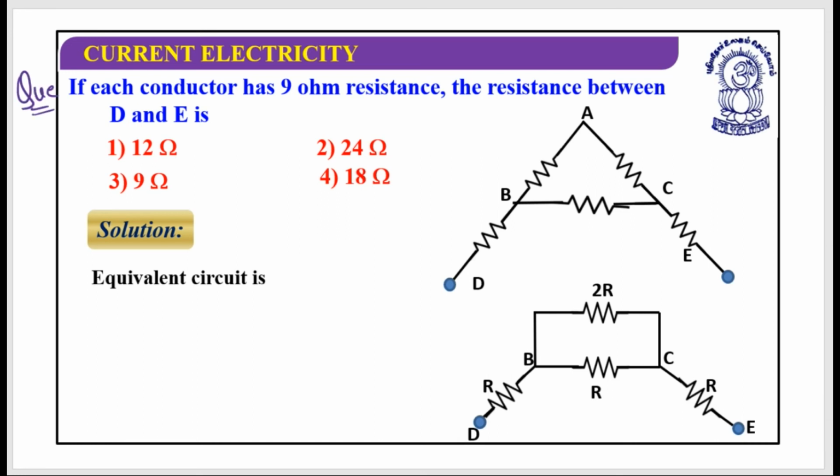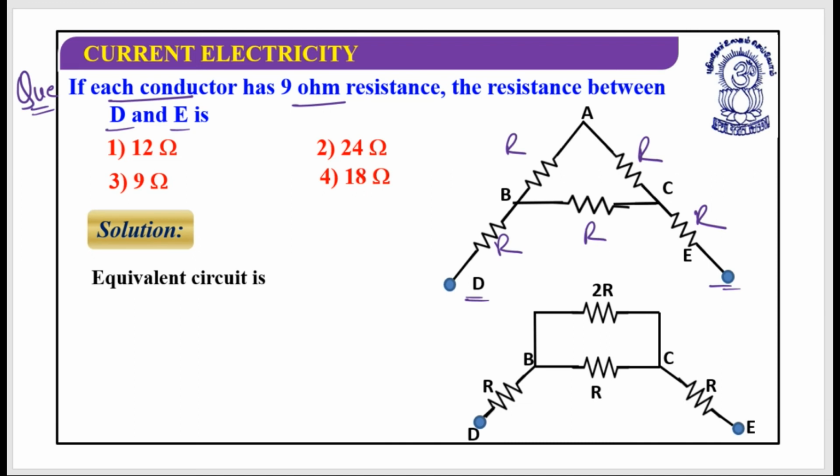Let's suppose each conductor has 9 ohm resistance, and we want the resistance between points D and E. Here this is D, this is E, and each conductor has 9 ohm of resistance. So let's say this is R, R, R, R, R, and I'm going to put in the value at the end.